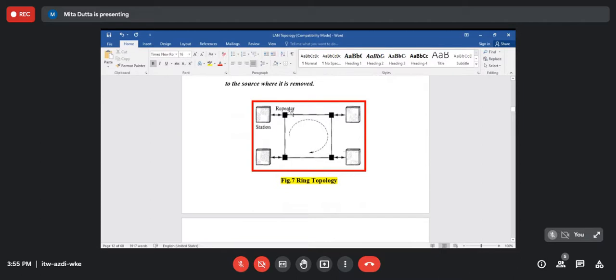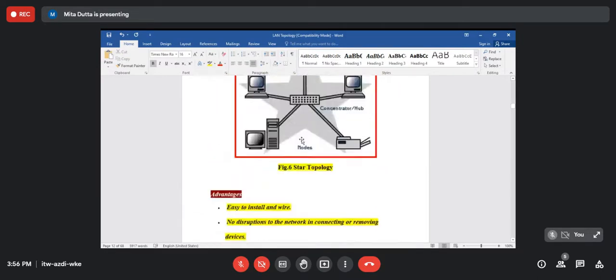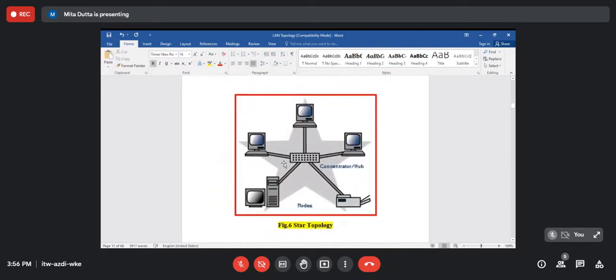And when the repeater fails, the ring topology will fail. Here, in a star network, if any fault occurs in a workstation itself, then the other workstations will work. There will be no disruption. But if the concentrator or hub fails, then the whole network is shut down in case of star.